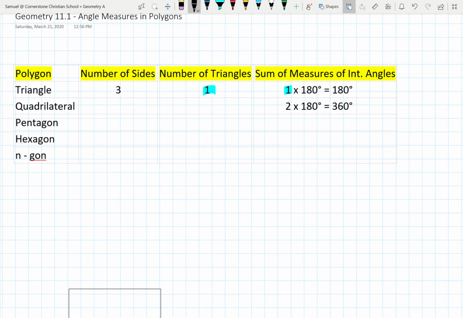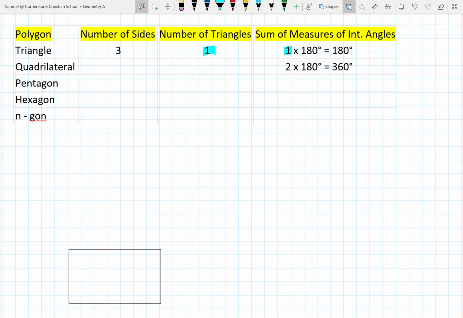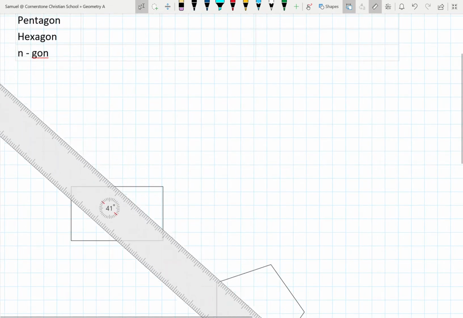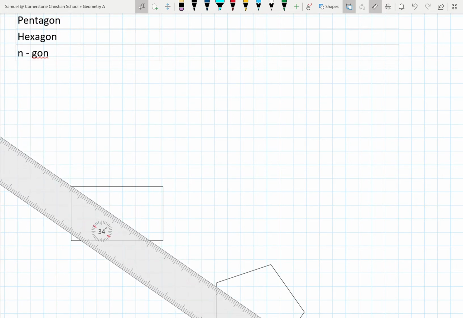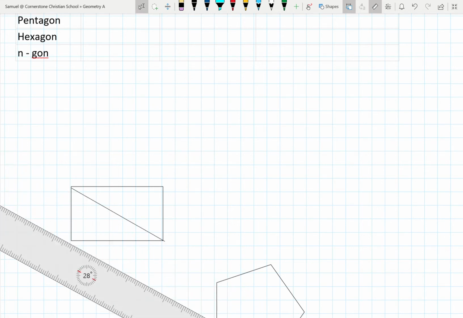Next, let's think of a quadrilateral, so a 4-sided figure. Here I have a rectangle. How many sides? Well, we know that it has 4 sides. How many triangles? What I'm going to do here is just cut this guy in half a little bit, and I've created 2 separate triangles.